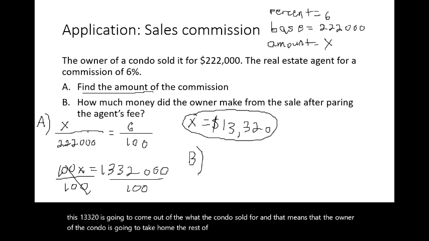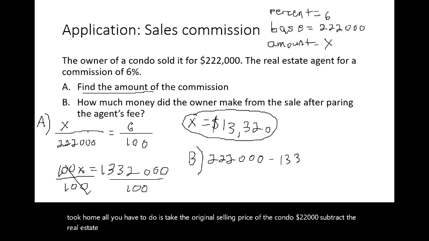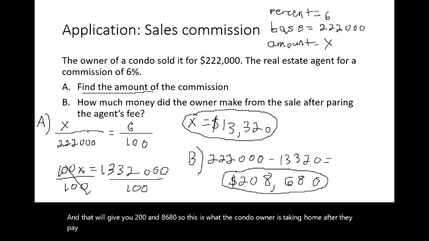To find out how much money the owner took home, all you have to do is take the original selling price of the condo, $22,000, subtract the real estate agent's commission, which was that $13,320, and that will give you $208,680. So this is what the condo owner is taking home after they pay their real estate agent.